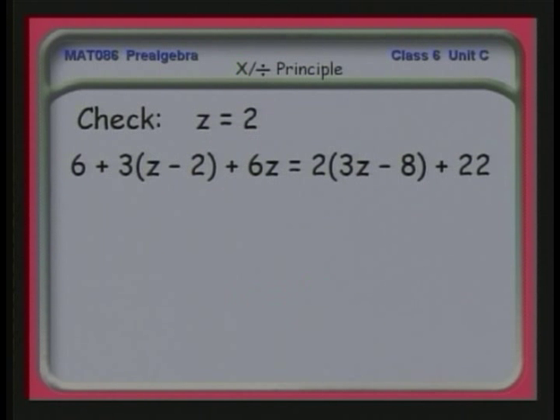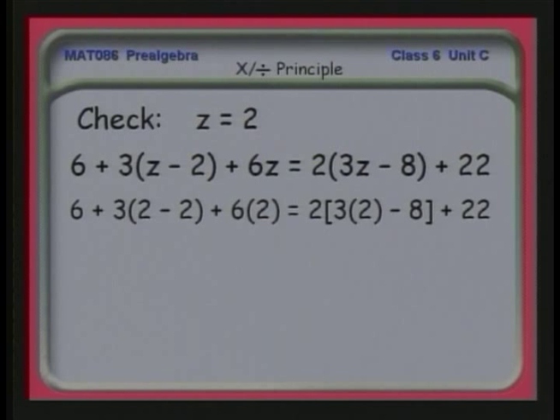Before I can go on, of course, I would like to check to see if my answer is correct, if my solution is correct. So wherever I see a z in the original equation, I substitute a 2. So I have 6 plus 3 times 2 minus 2, very nice, that goes away, plus 6 times 2 is equal to 2 times the quantity 3 times 2, 6, minus 8, plus 22.